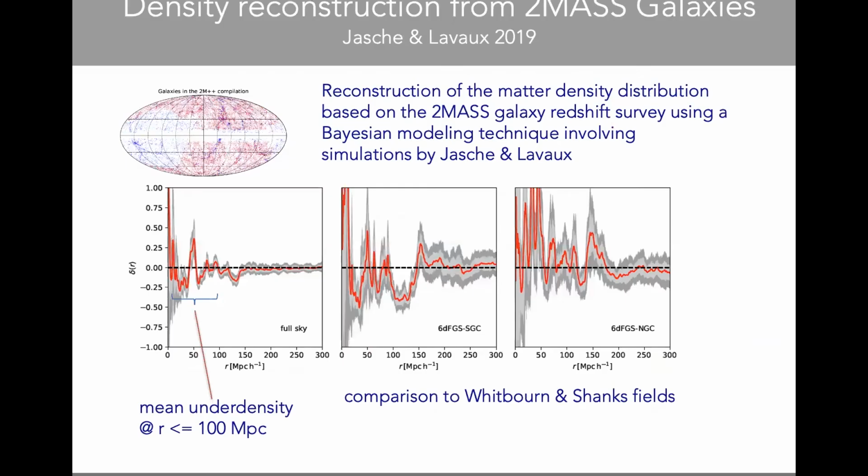Then the next thing you can look at is people have tried to reconstruct the large-scale structure in the universe. This is the Bayesian reconstruction by Jens Jasche and Lavaux, for example. It's based on the Two Micron All Sky Survey galaxy redshift survey, and they get this density as a function of radius, the monopole over here, and this is the region in which we get an underdensity.